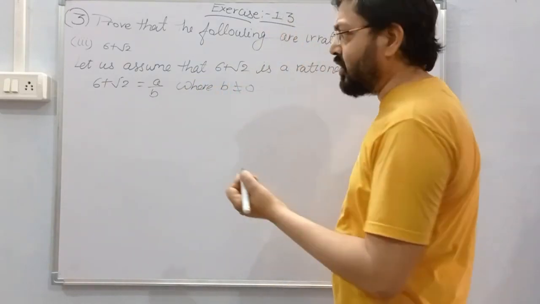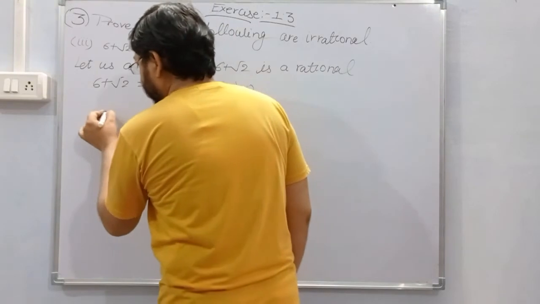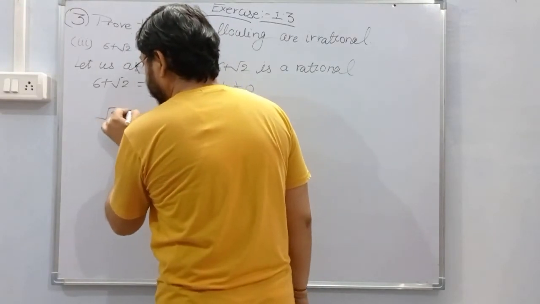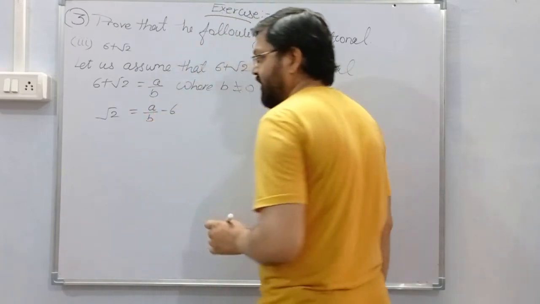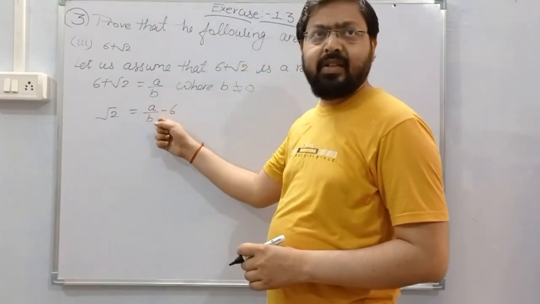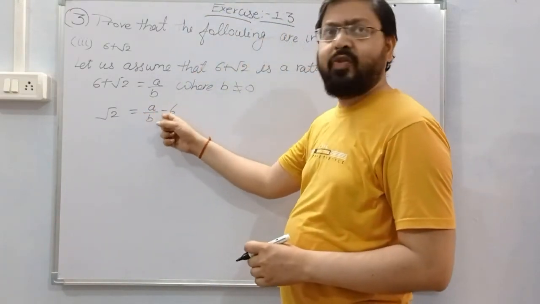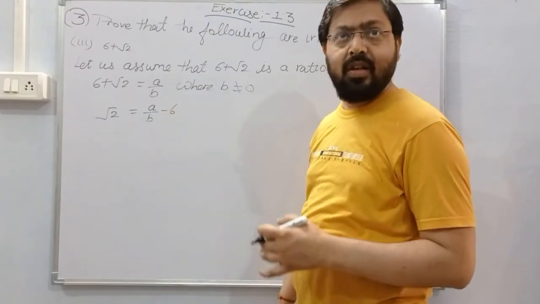Means I can write root 2 is equal to a upon b minus 6. This is rational and this is rational. When we subtract a rational from a rational, we get a rational.